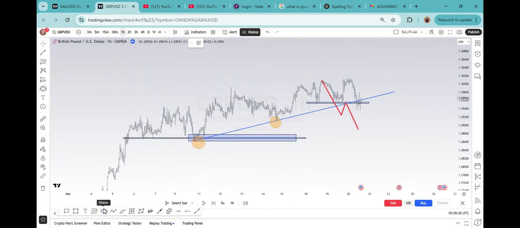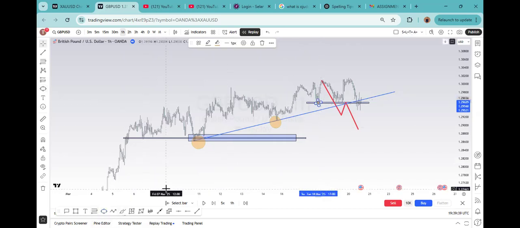Support here. Then you have this horizontal support as well here. And that is the immediate support, the support that is happening right now. These ones have happened in the past, like 5 days ago and all of that. But this is the immediate support that is going on.